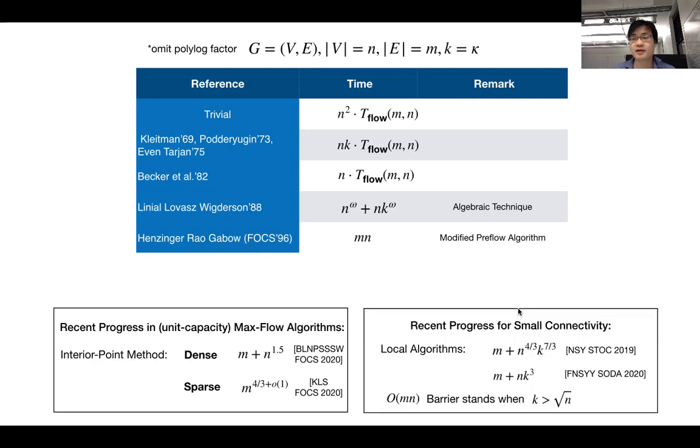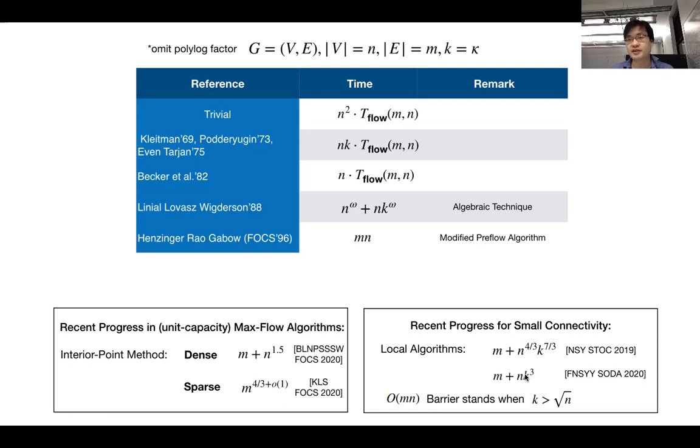However, there has been some good progress in recent years. Some recent progress happened when you consider small connectivity. If the input graph has small connectivity, then we can break the barrier. Based on local flow algorithms, the first work is by Nanongkai, Saranurak, and Yingchareonthawornchai in 2019, and then in 2020 there is another algorithm that is near linear time when k is constant, for example.